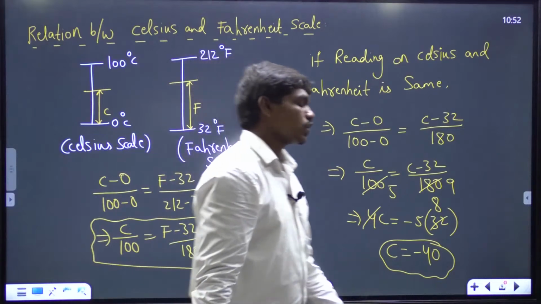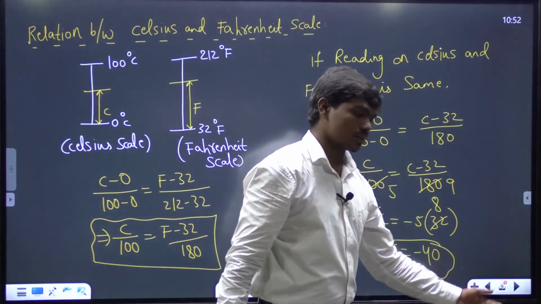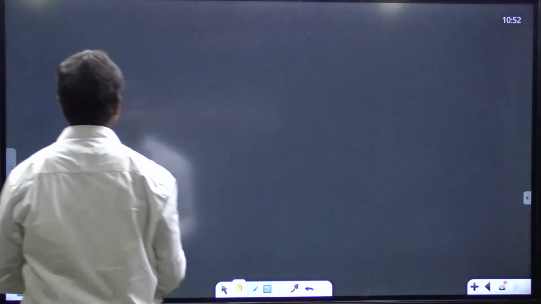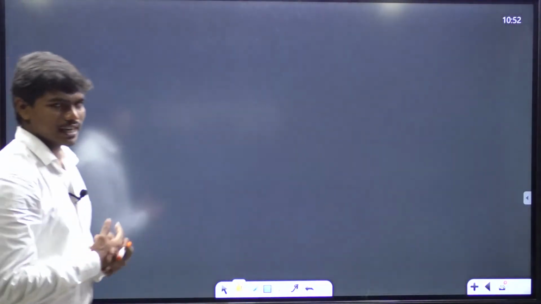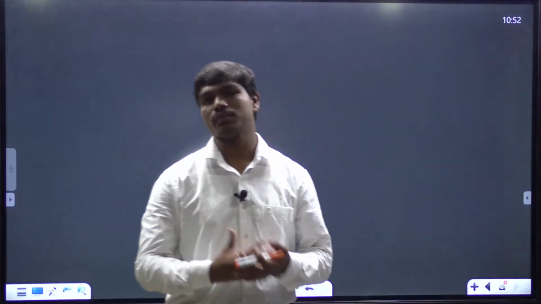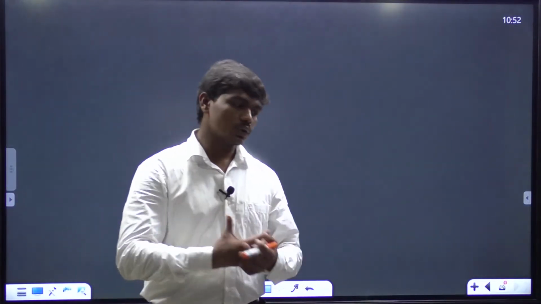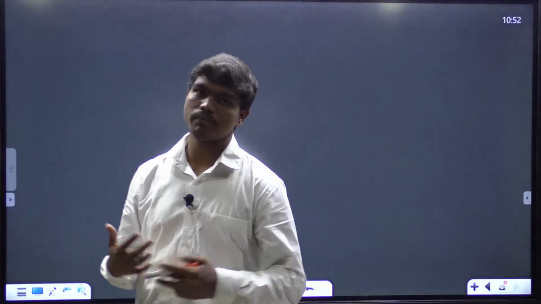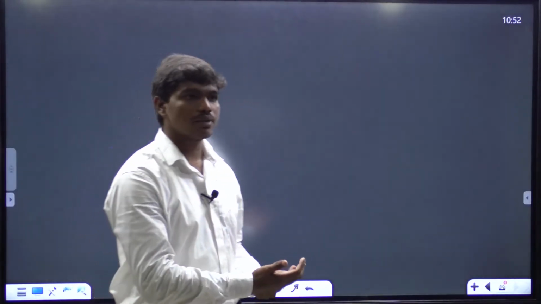Okay, clear? So now I'm going for the next terminologies in thermodynamics. Basically we have seen different types of systems, and also we have seen what properties are, and we have defined property and temperature. Once we know the definition of temperature, we defined thermal equilibrium, and from thermal equilibrium we defined the zeroth law of thermodynamics, which gave the concept of thermometry.